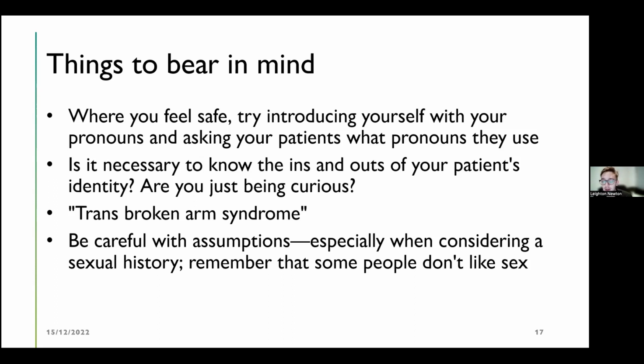Instead ask him what kind of sex he's having, or what the sex of his sexual partners is, or how many sexual partners he has, before using partners as a plural word. But also remember, we touched on it earlier, that some people just don't like sex. If someone says, yeah, I have a boyfriend at home, don't just assume that they've got a sexual relationship, because they might not. And that's fine.